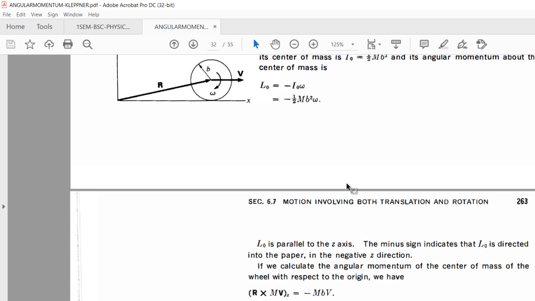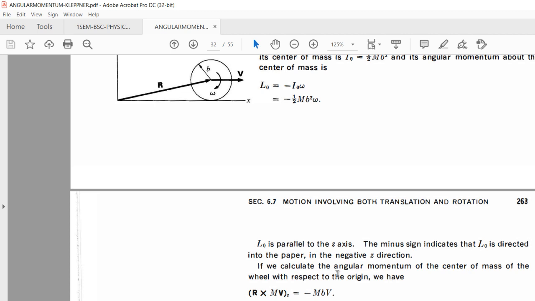Now we are going to calculate the angular momentum of the center of mass, capital R cross m v, the second term of the last derivation. Capital R cross m v is in the direction of the positive x-axis, so it will be m b v with a minus.